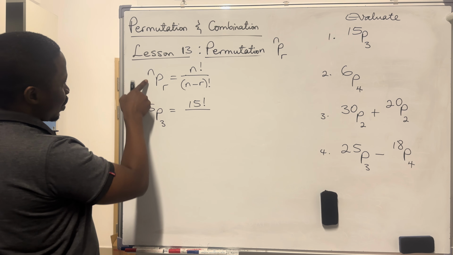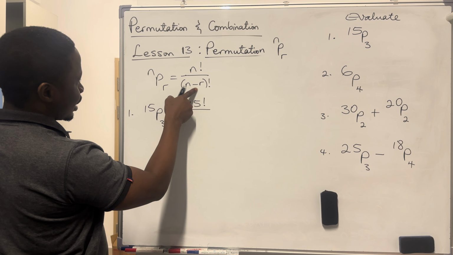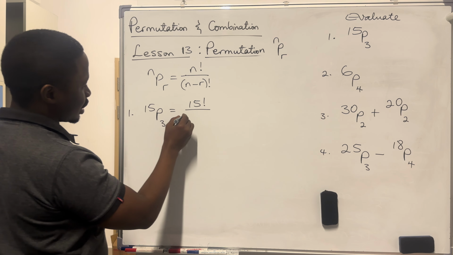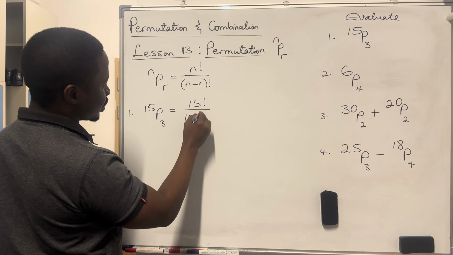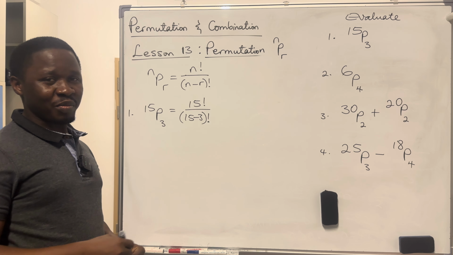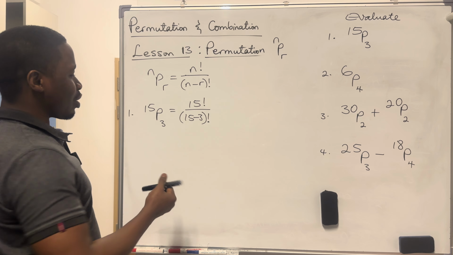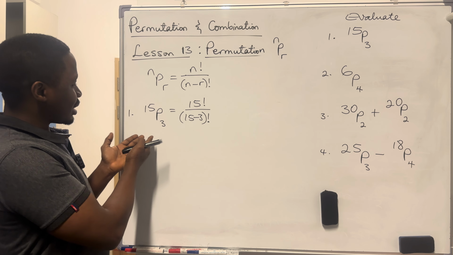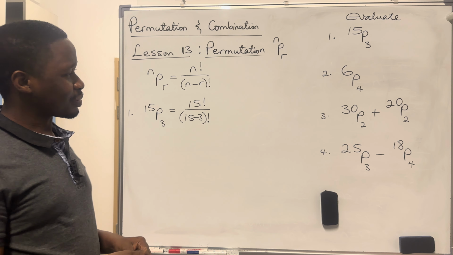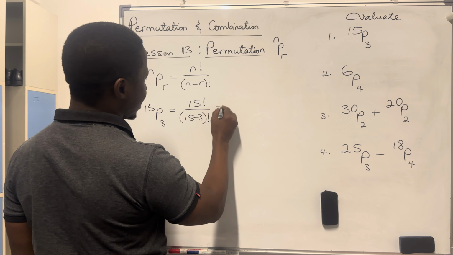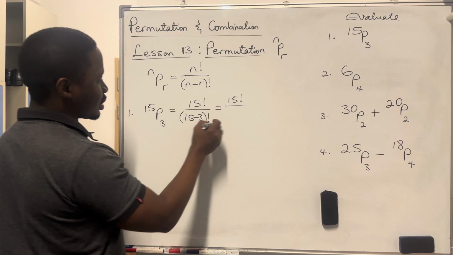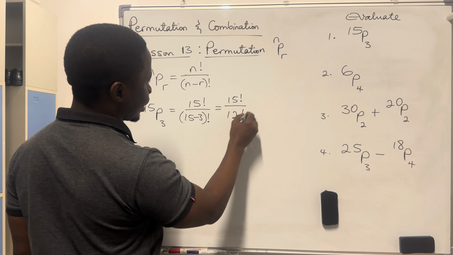For the denominator, n minus r, so 15 minus 3. After several practices, you don't even need to write it. You can just look at it and say 15 minus 3 is 12, and write 12. So this is 15 factorial over 12 factorial.